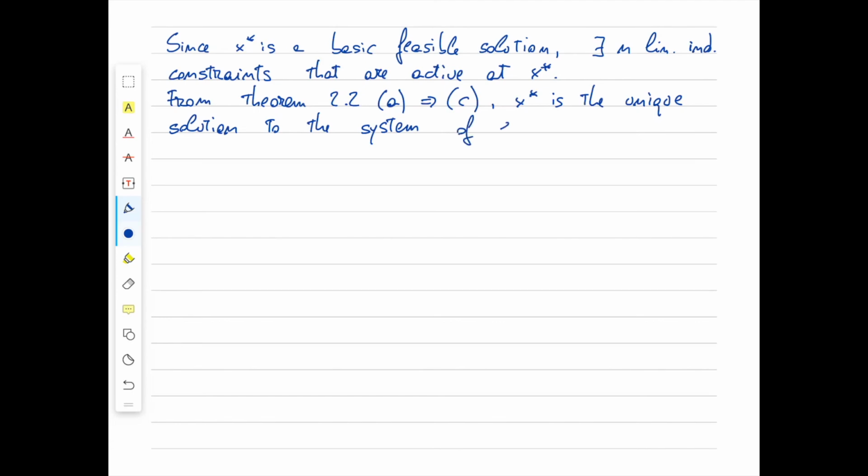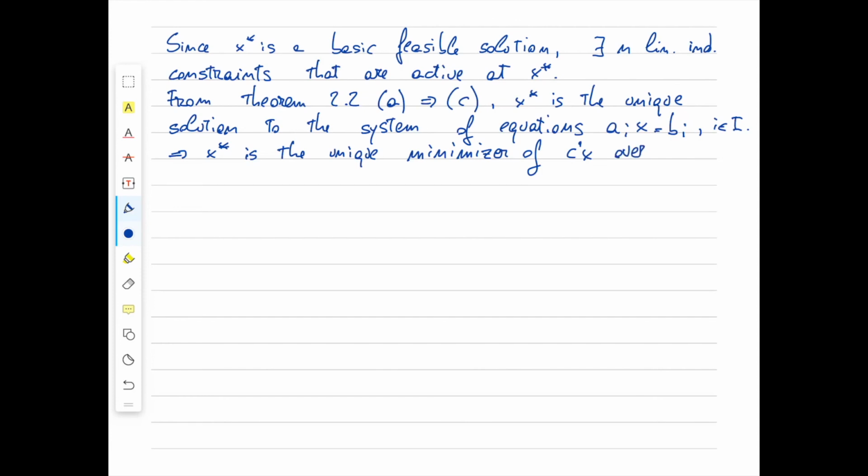Therefore, x star is the unique minimizer of the objective function c transpose x over P, and so x star is a vertex of P.